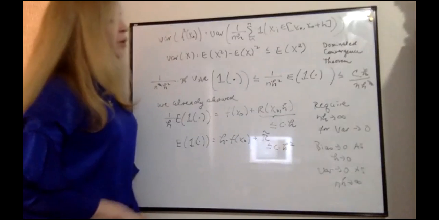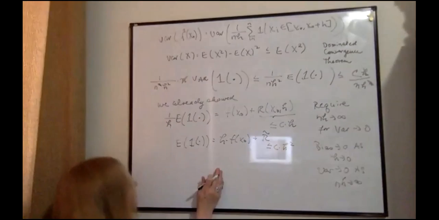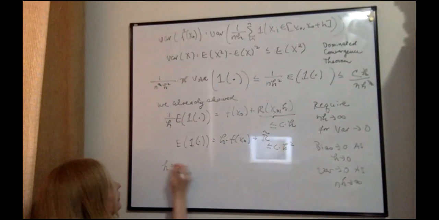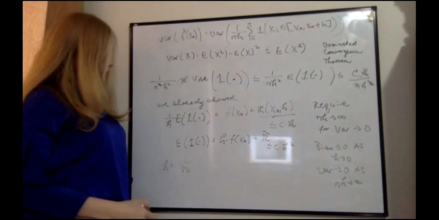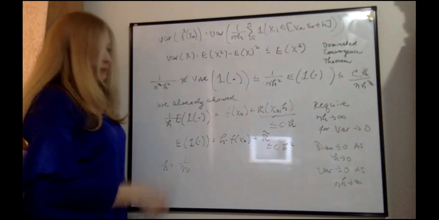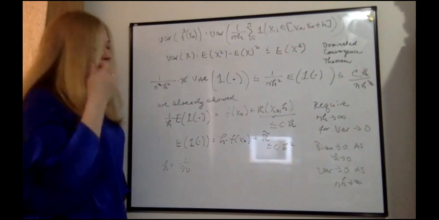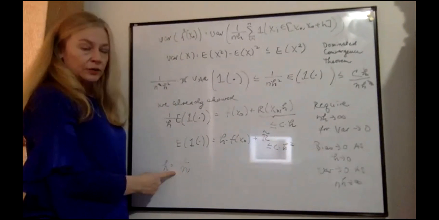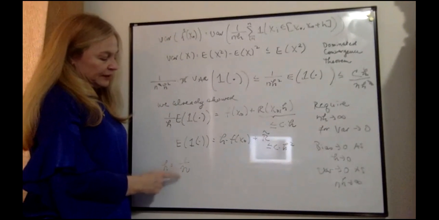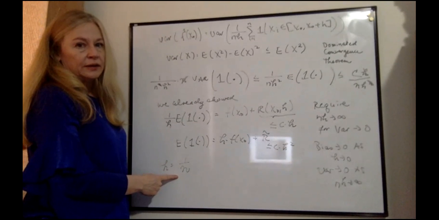Okay, so what does this imply? Well, would h equals 1 over n work? Would that be a possible sequence that I could use if I chose h this way? Well, this would satisfy h going to 0, but it would not satisfy nh going to infinity, right?